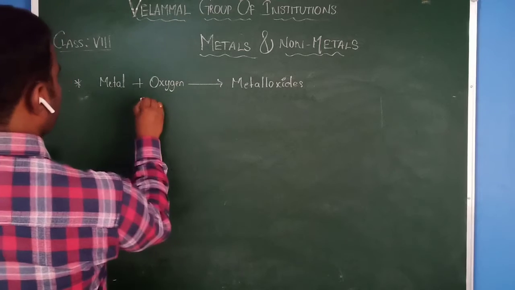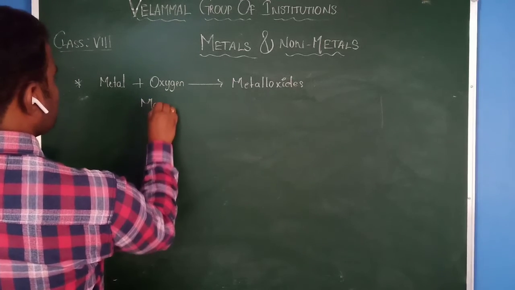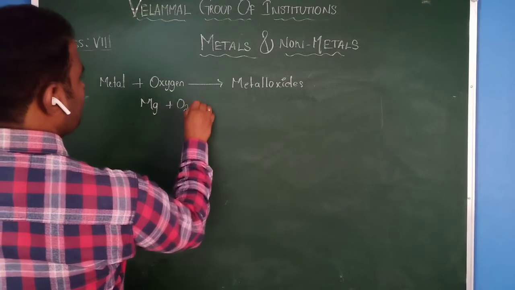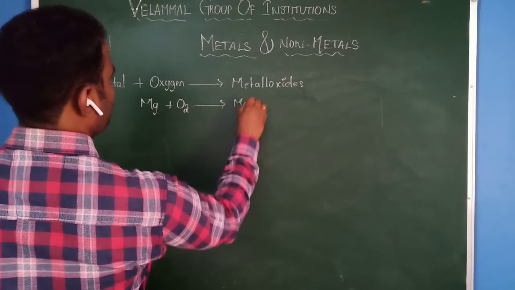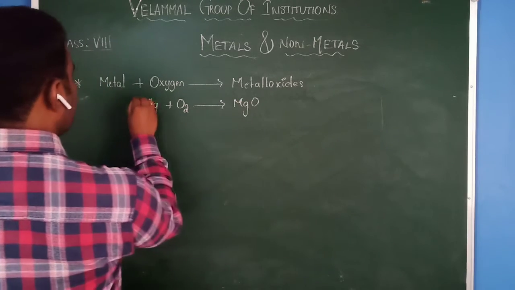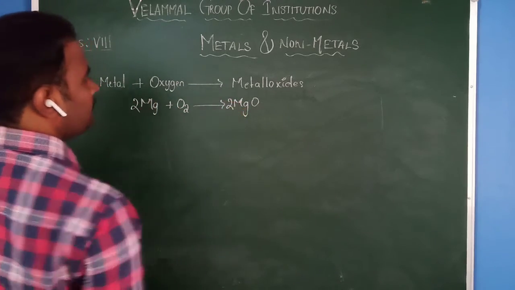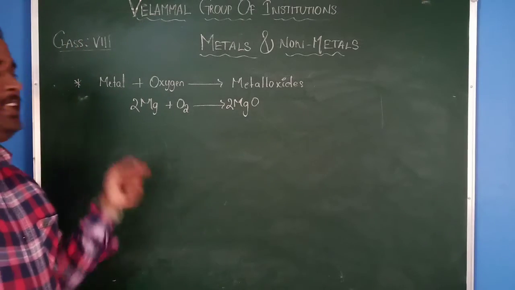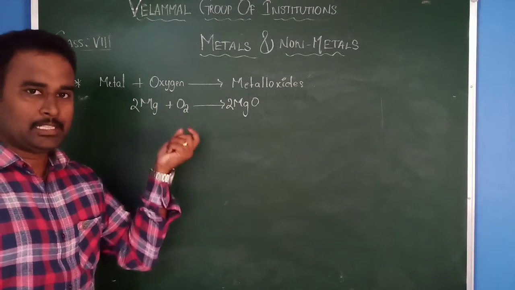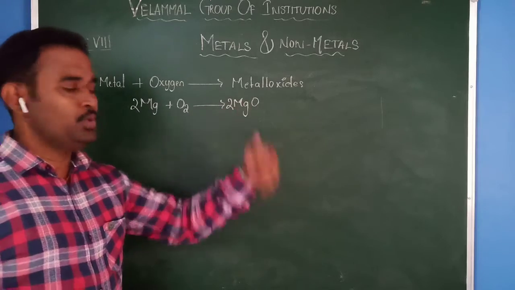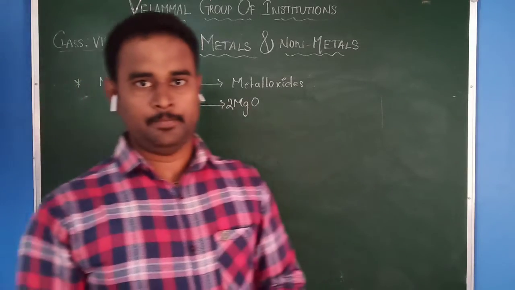For example, magnesium plus oxygen gives rise to magnesium oxide. That means any metal reacts with oxygen to produce its respective metal oxides.